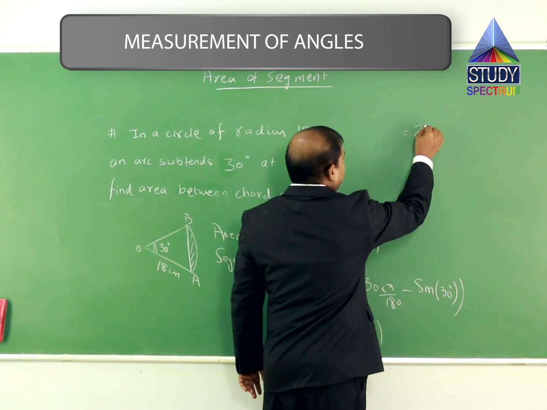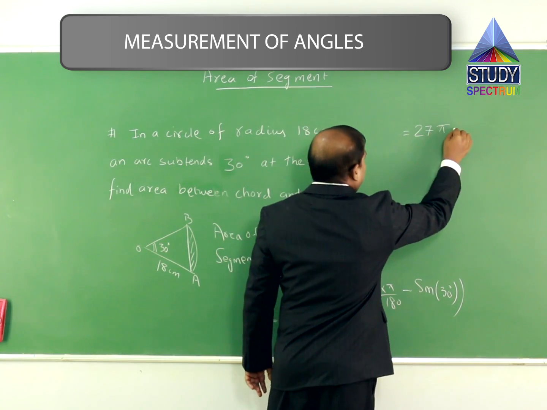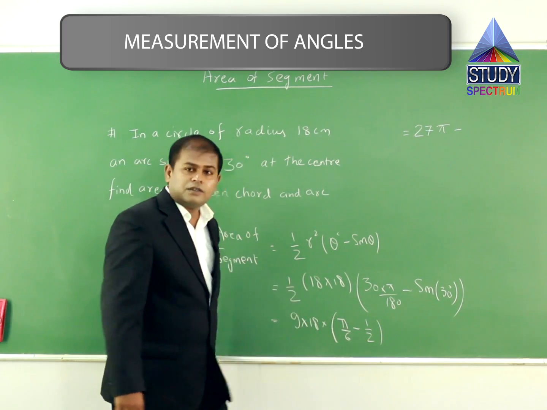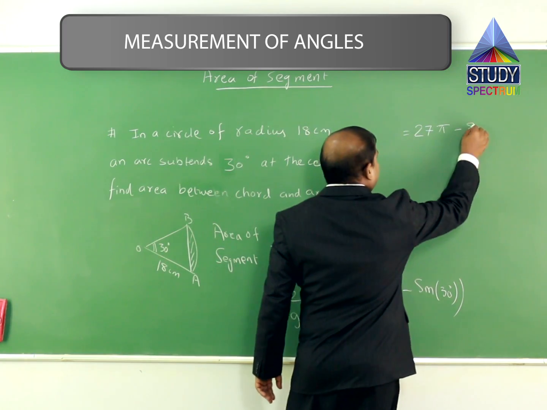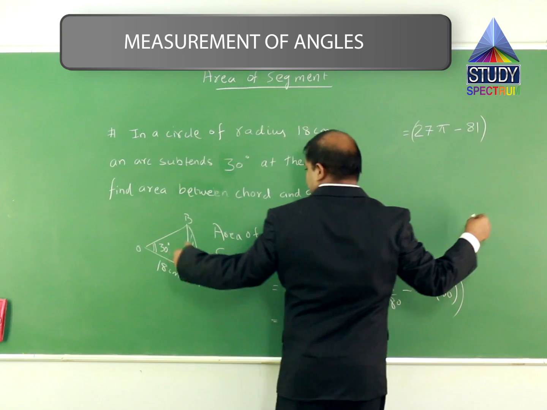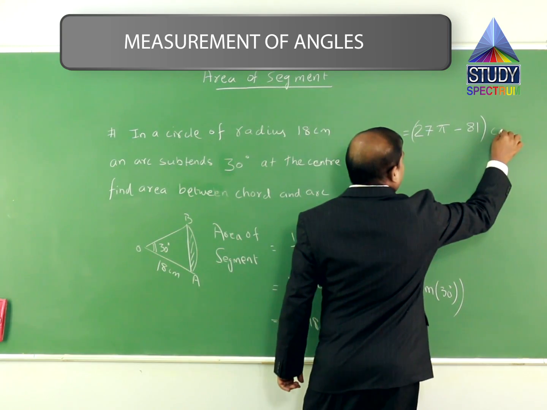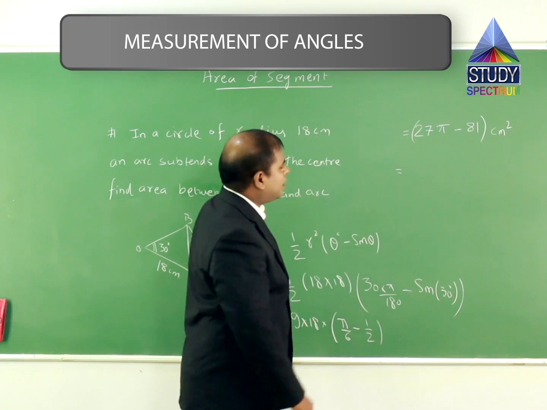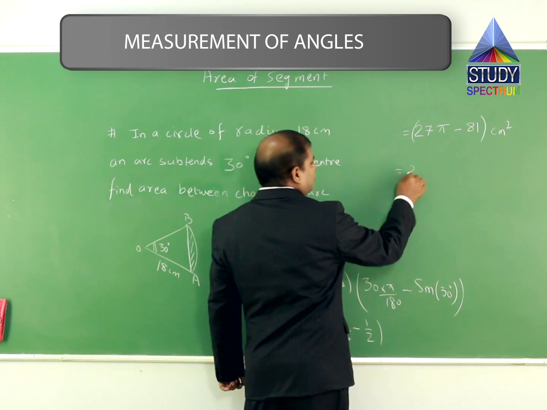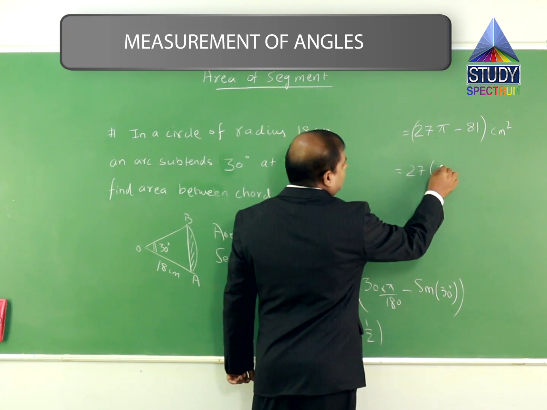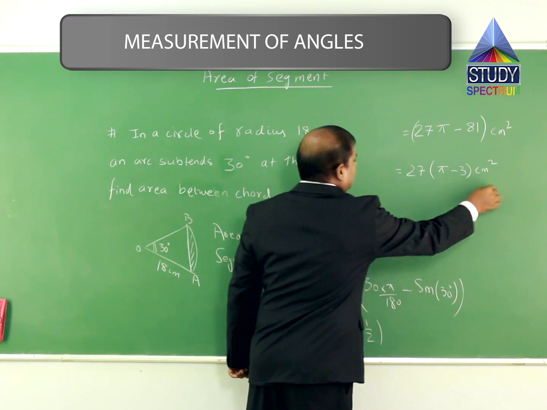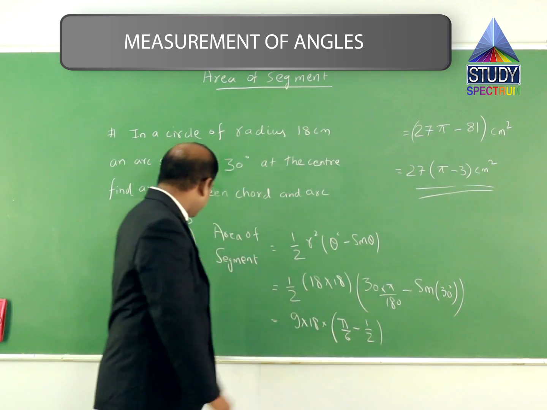The answer would be 27 pi minus 9 into 18 by 2, which is 81. So minus 81. The answer is in centimeter square. So the area of this segment is 27 pi minus 81 centimeter square. If you take 27 common, the answer will be 27 into pi minus 3 centimeter square.